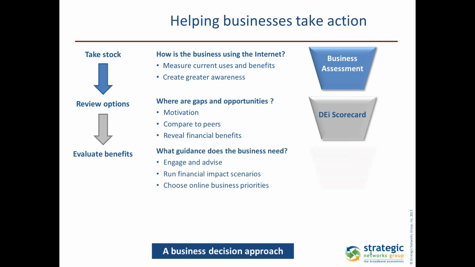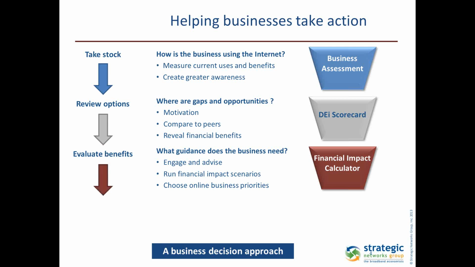But that only goes so far, and businesses who are motivated will need some form of help. Maybe it's just information which they can access through the business modules. They may need various levels of coaching help. They may need some further technical help, and we've been talking to you about how to engage potentially technical advisors locally to help businesses with their specific needs to actually get some of these things done.